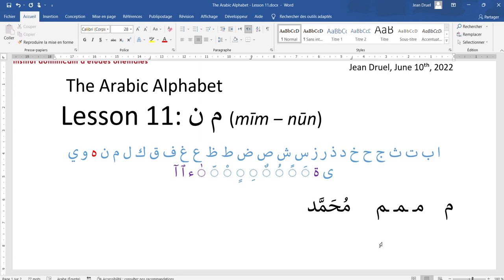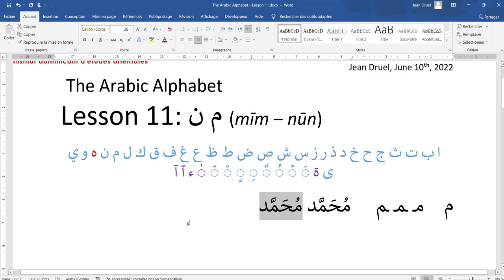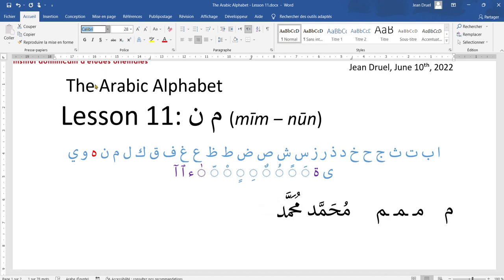This is the name of the Prophet, Muhammad. You can read it: mim, Dhamma, Muhammad. But I'll write it again, and I will change the font. If I choose a font which is more traditional, more artistic, then you have lots of ligature. You can see here that's the same word.